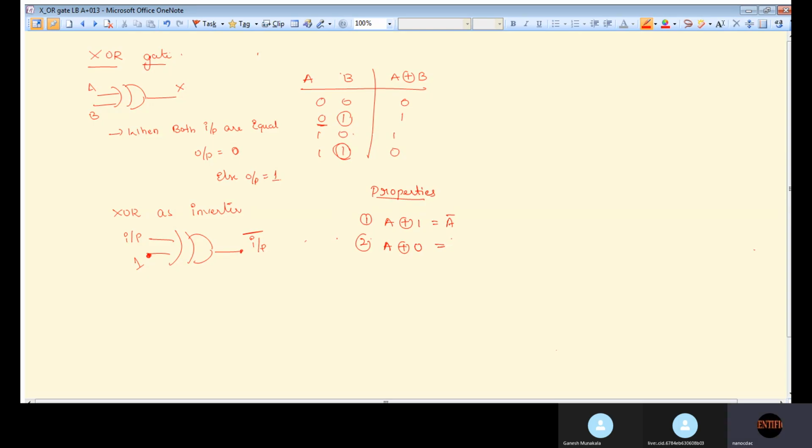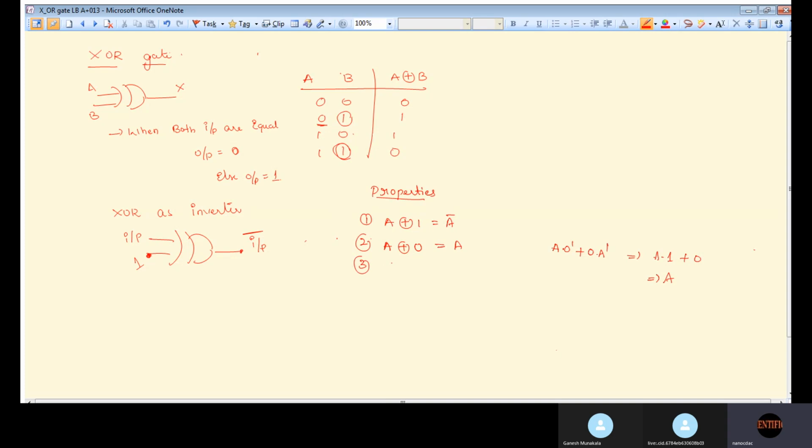Do it like this if you want: A into 0 complement plus 0 into A complement equals A into 1 plus 0, which will be equal to A. A XOR 0 is equal to A.